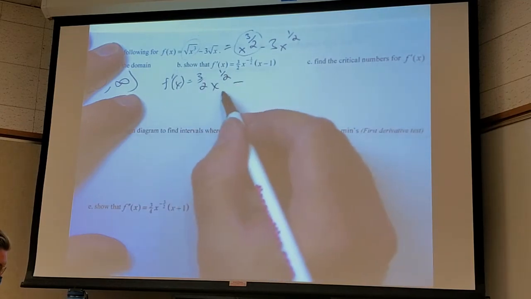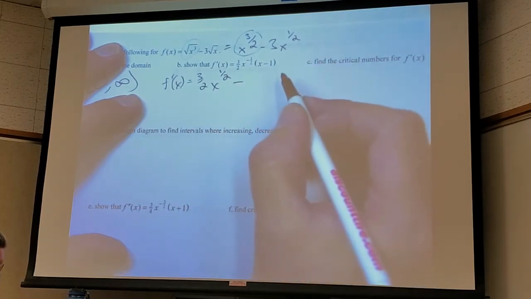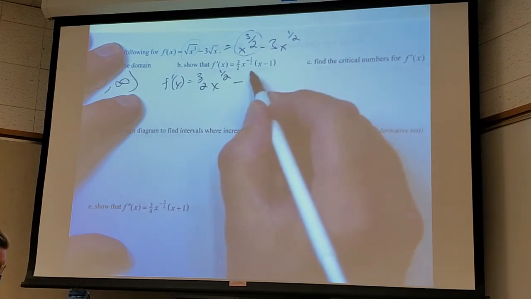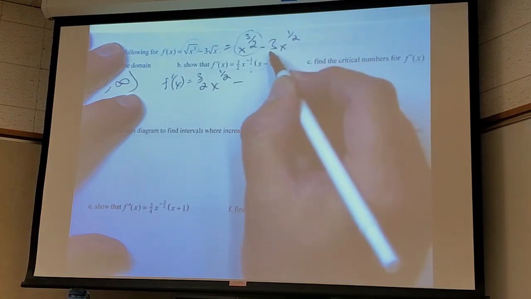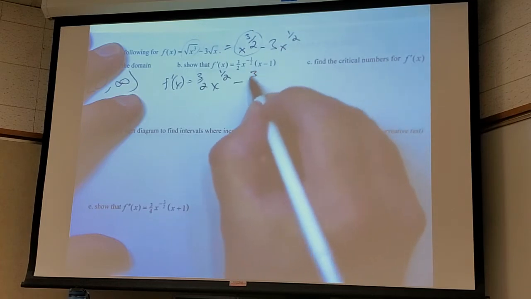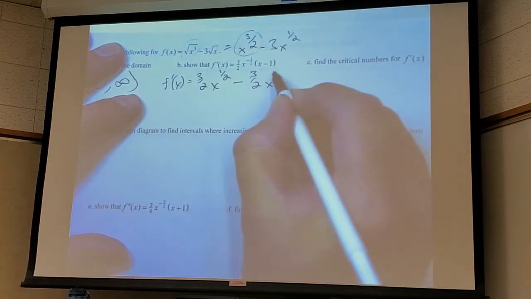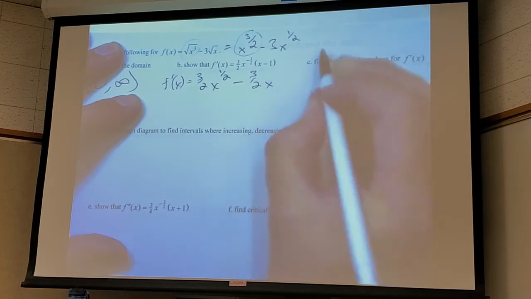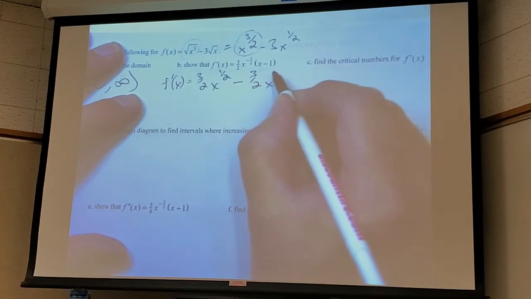Is that cool, everybody? 1 half comes down, there's already a 3. 3 halves x to the 1 half. Now what is this? Negative 1 half.